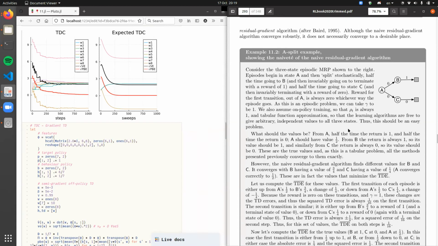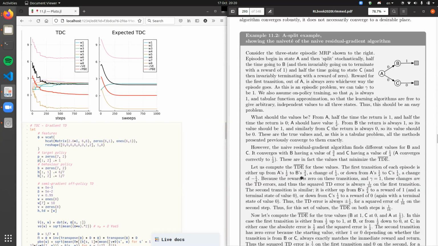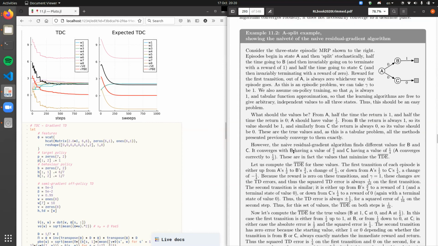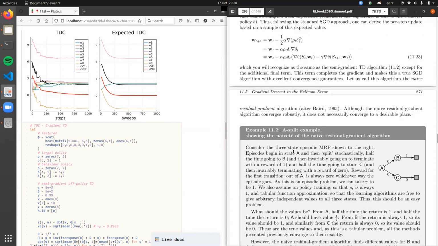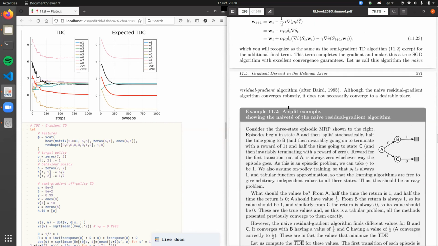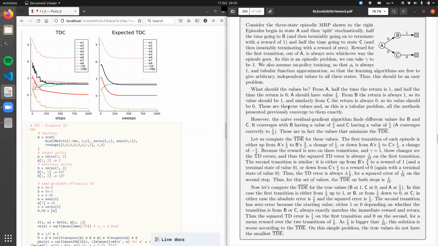All right, so in this case, the true value for A would be 1/2, the true value for B would be 1, and the true value for C would be 0. That is obvious from this small MDP. However, if we do the calculations, this naive residual gradient algorithm converges to different values.